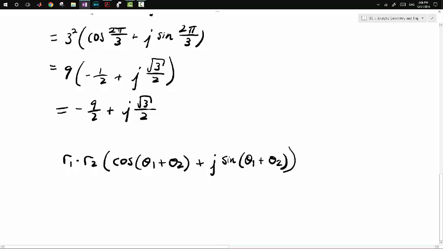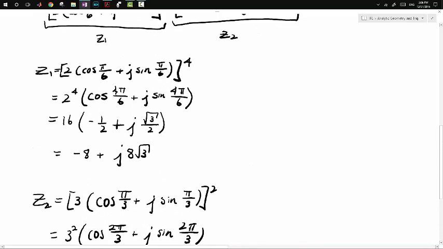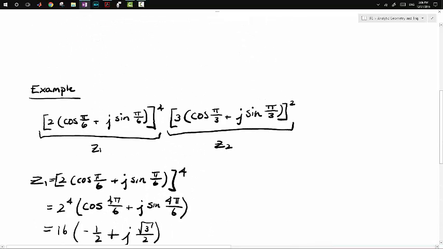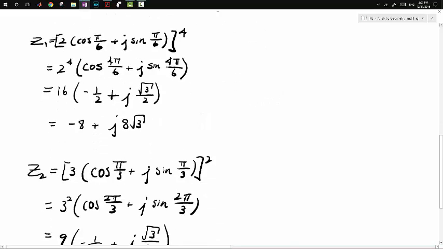And in our equation, theta 1 would just be the angle in the z1 term, and theta 2 would be the angle in the z2 term.